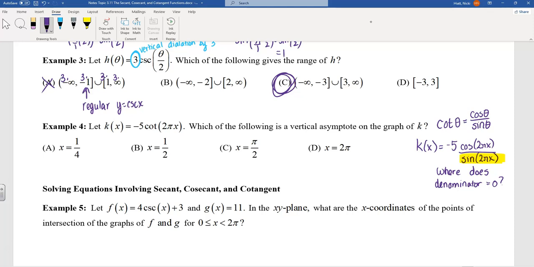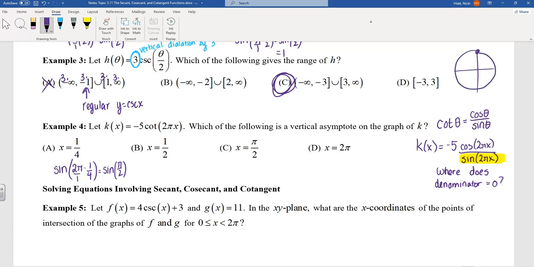So I'm just going to plug in what I've got, sine of 2 pi x, and see if I get 0. So if I do sine of 2 pi times 1/4, that's over 1. That will be sine of 2 pi over 4, but that will reduce to pi over 2. Okay? Unit circle.